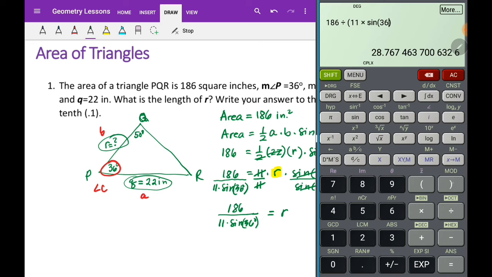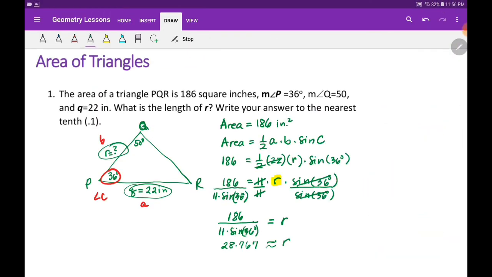Sine 36 degrees. It seems to me that we are given 28.767. Let's write it down first. It's going to be 28.767 is approximately equal to r.